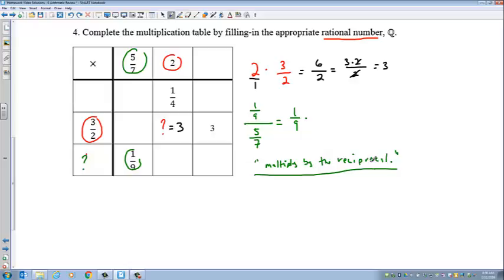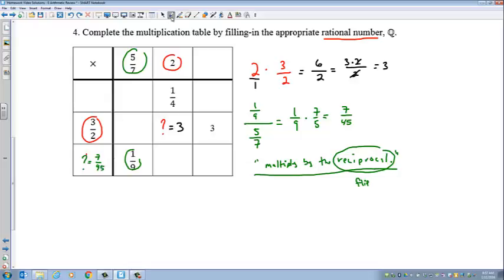Reciprocal is just a fancy word, remember, for flip. So you just flip the fraction. So times 7/5. And so that's equal to 7 times 1 on top, so that's 7, and 9 times 5 on the bottom, so that's 45. So right here, this is 7 over 45.